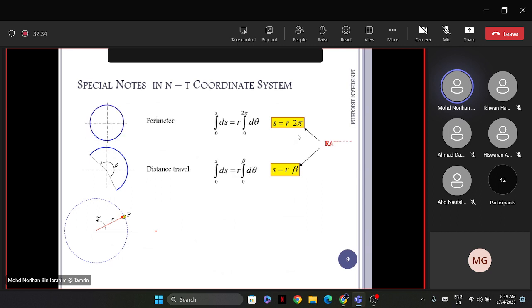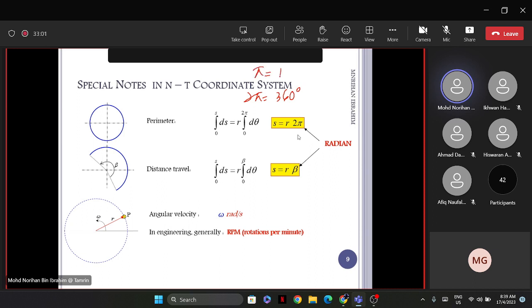Special note in normal tangent coordinate systems. So we have this circle. In order to find the perimeter, S is equal to R multiplied by 2 pi. 2 pi is equal to 360 degrees.